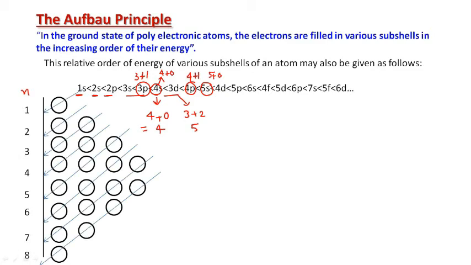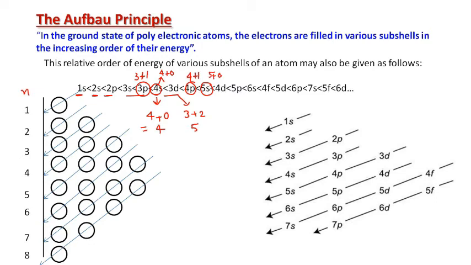Draw the arrows passing through the different circles, and corresponding to these arrows, we will learn this energy order. Here you can see 1s, then 2s.